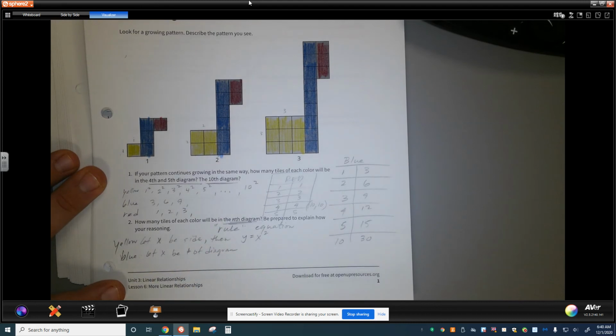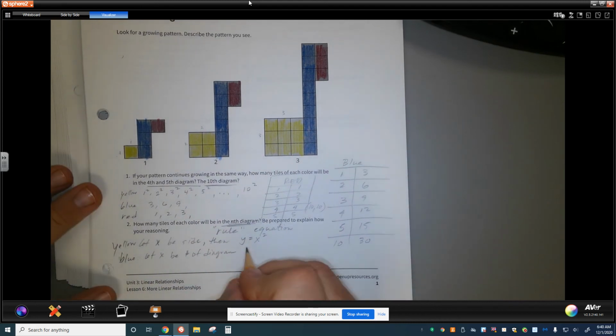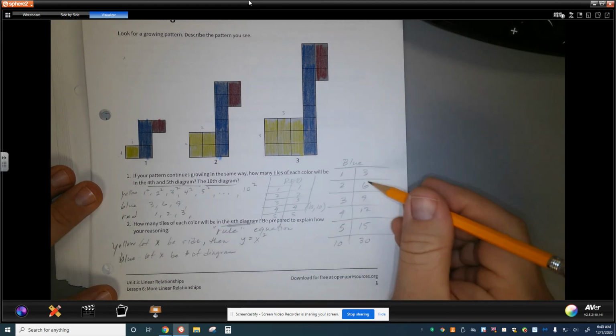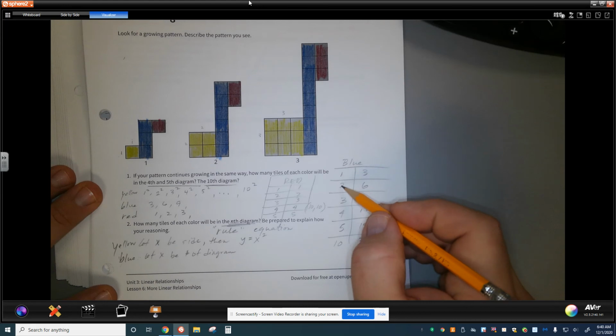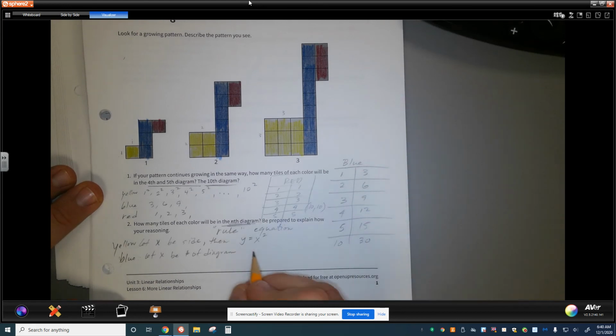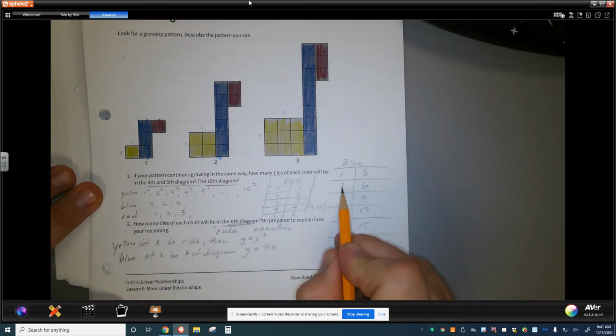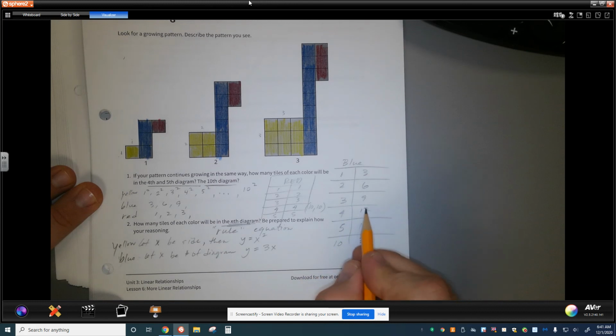Well, what we started out with here is we could say that the first term right here, we started out with 3, and then we increased to 6, then we increased to 9. For every single diagram, we increased by 3. So we could see that this one is y equals 3x. 3 times 1, 3 times 2, 3 times 3. The y coordinate is always equal to 3 times as many as here.